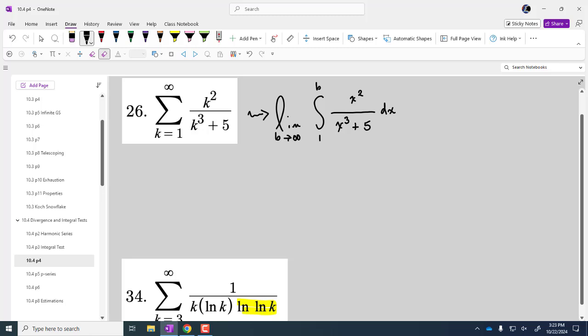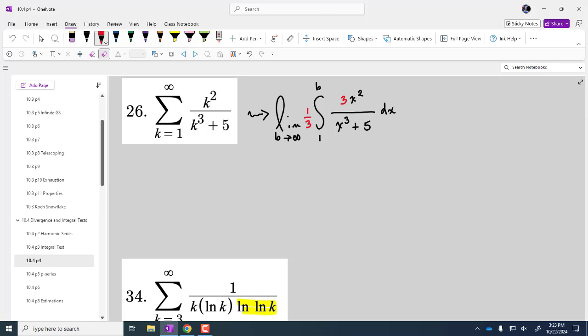What technique of integration? Faster way. Log form. Natural log form. So if we multiply top and bottom by 3, now it's in log form.